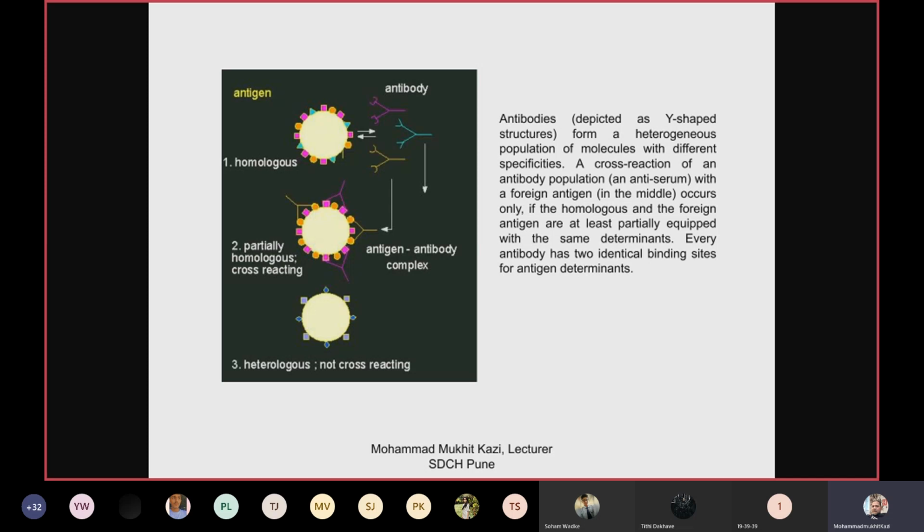It means that when you are testing a particular sample of a patient for a particular disease, you might get some amount of antibody titer. It means that there are certain non-specific antibodies which have cross-reactivity. And then heterologous: no reaction will occur in the heterologous because the antigen and antibodies are very different.